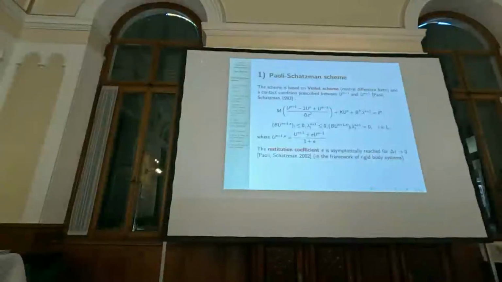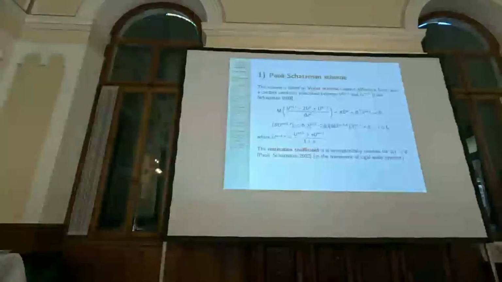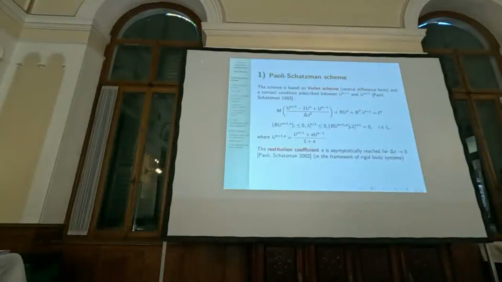So if you have multi-body contact, generally you cannot be fully explicit, because you have to solve your contact multiplier, and you cannot solve it locally, generally. So it may be the drawback of that.